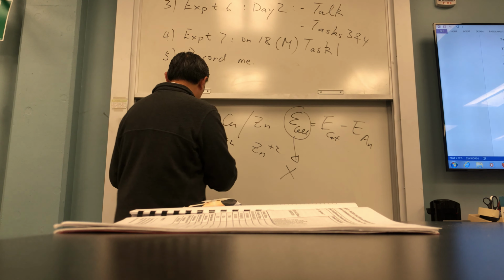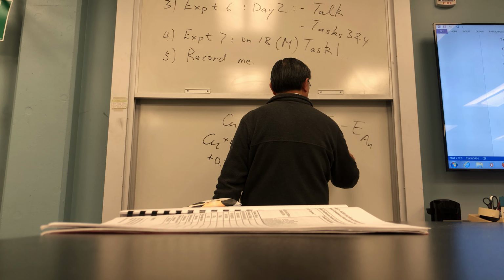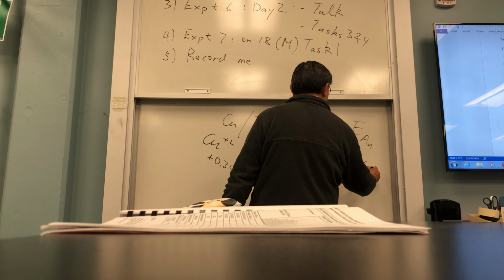So if we put minus 0.76 minus plus 0.34, then we will have a negative. That means what? We cannot do that.